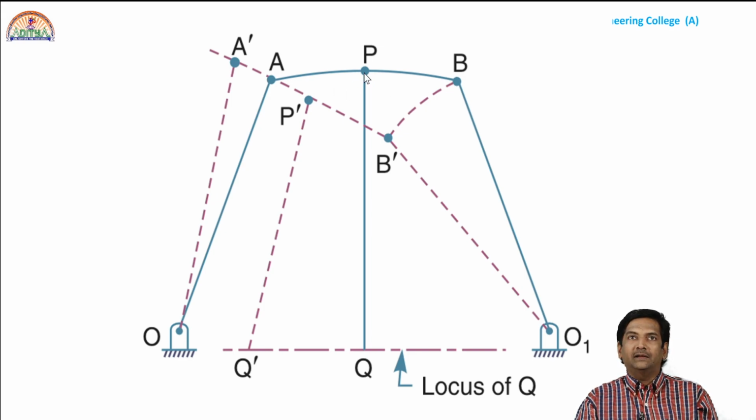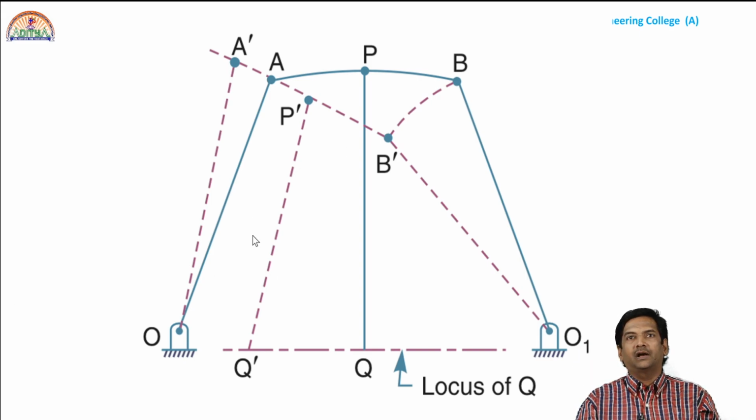Now, we are hanging another link PQ. Now, we are tracing the locus of Q. For a slight orientation of OA to OA dash, the AB will become slightly like this, or if it is to the other side, like this.